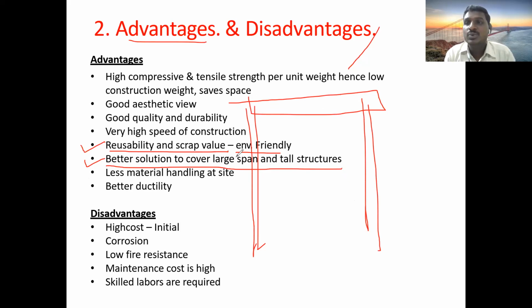In the RCC structure, the two columns are close. You have seen steel bridges and RCC bridges. On the river, the RCC columns are nearby. You cannot provide a large span between two columns in the RCC, but in the steel structure you can provide a large span. Similarly, third, less material handling at site.